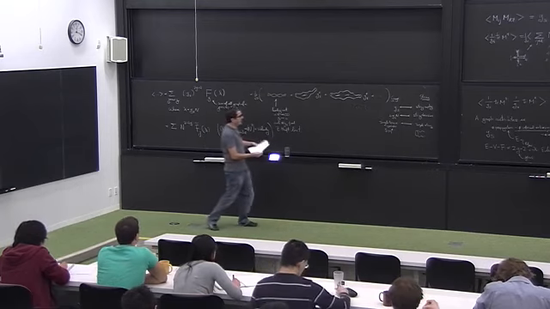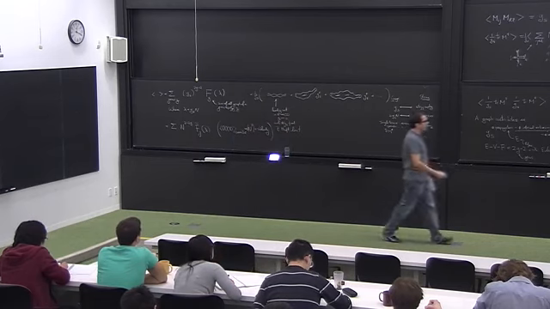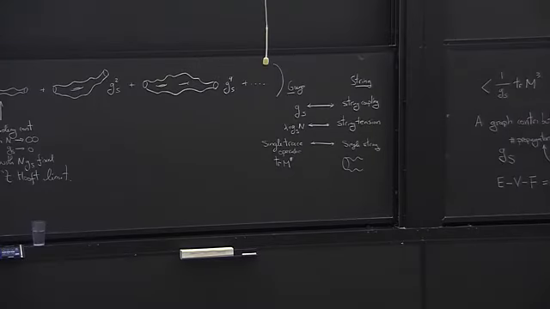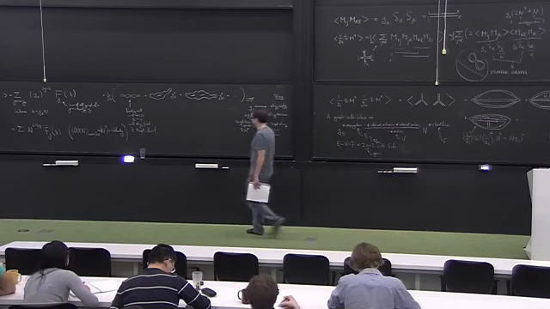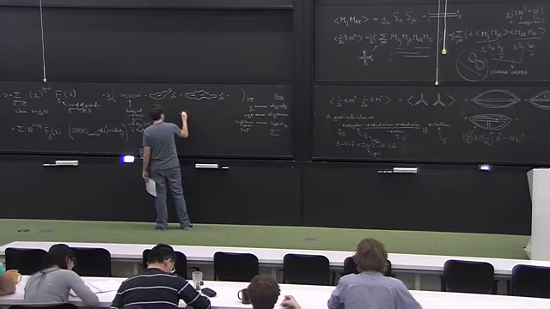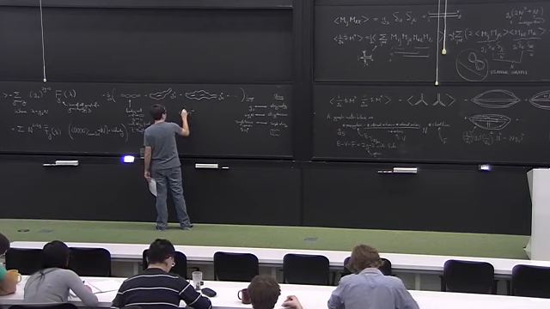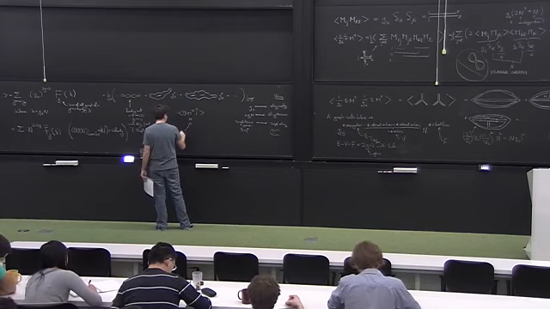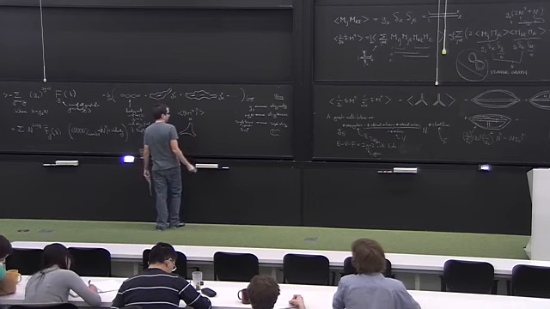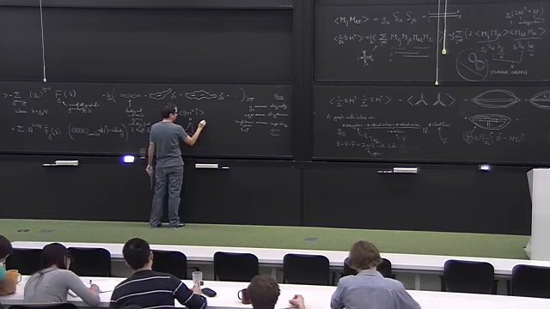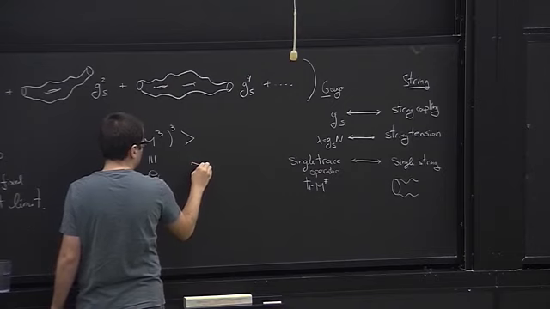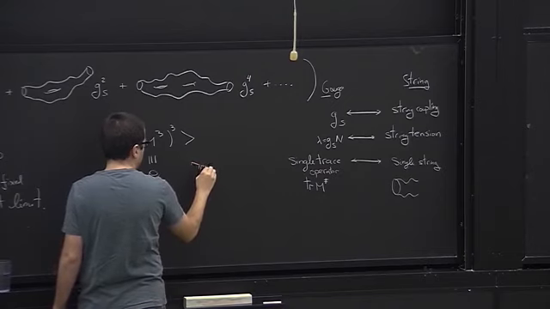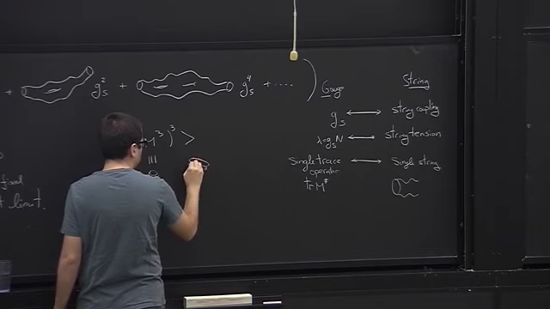Okay. The single trace operator, you can think of it as some string that is being emitted, it propagates, and it's absorbed again. If I consider a three-point function of this kind, so a correlation function of trace m cubed 3 times, would correspond to the process where I have an interaction of 3 strings, because this would correspond to just drawing. Let me draw the single trace maybe like this to illustrate better that it looks like a string.